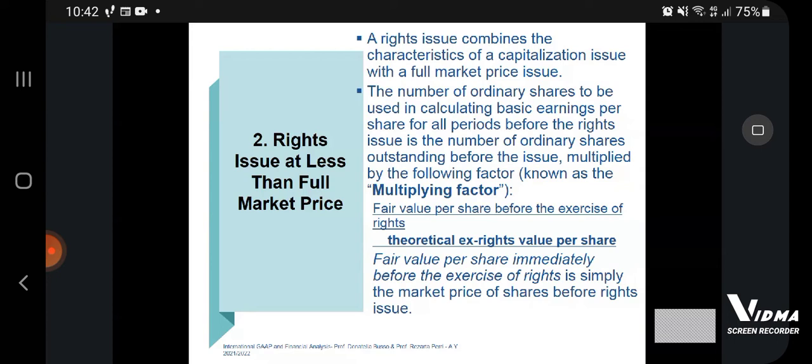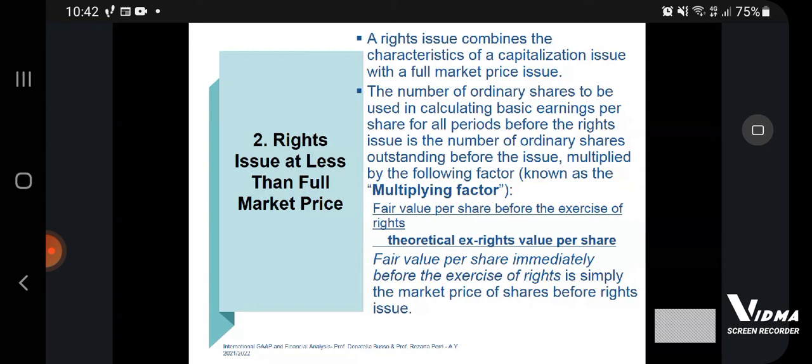Again, in order to calculate the weighted average number of shares when we issue rights, we use a factor, but we don't call it bonus factor or bonus fraction. It is known as a multiplying factor. Basically, it's not the ratio between number of shares as before, but it's the ratio between prices of shares.